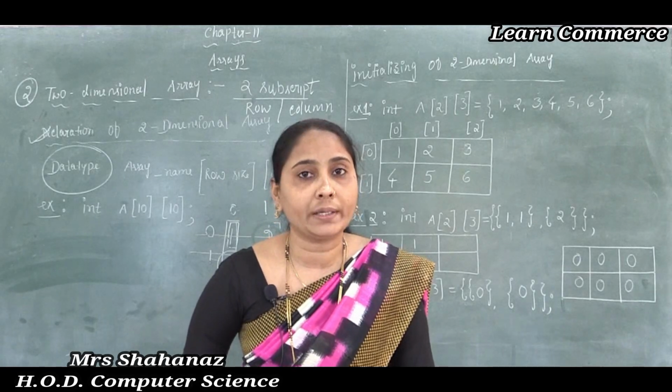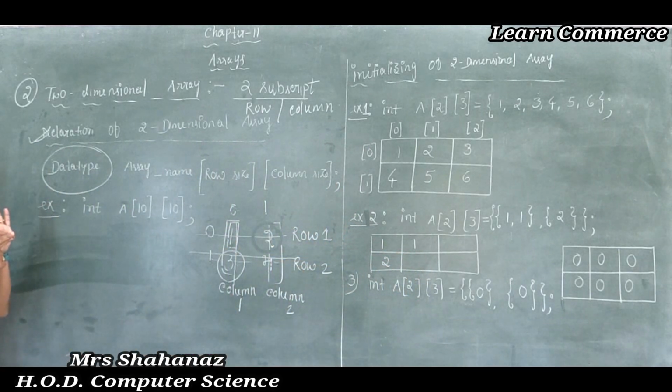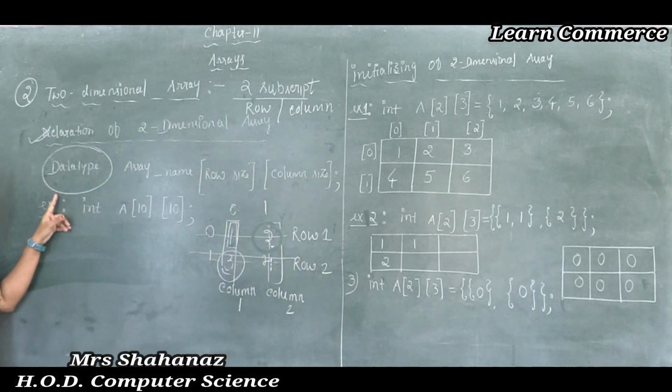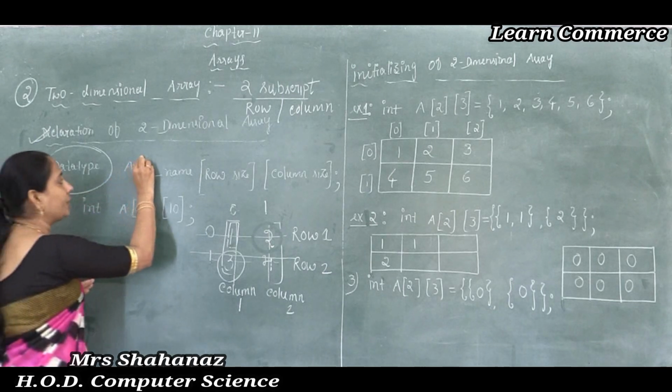The data types are int, integer, char, character, float, that means fractional numbers, struct, union, and also pointer. So all types of data type we can take, any one data type, not everything together. Some examples are char, float, struct, union, pointer.